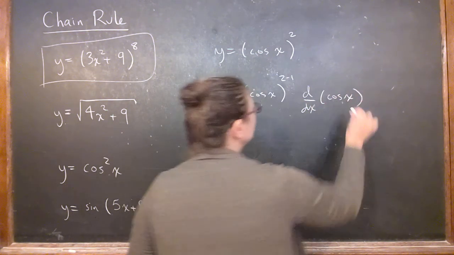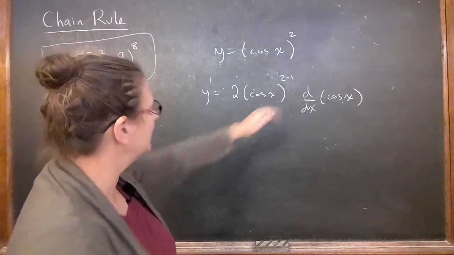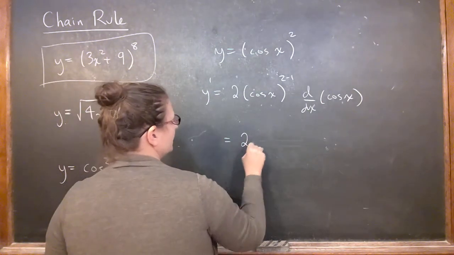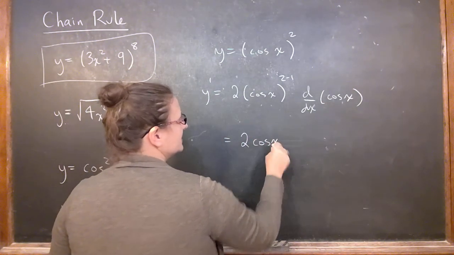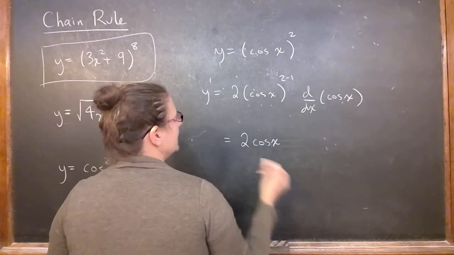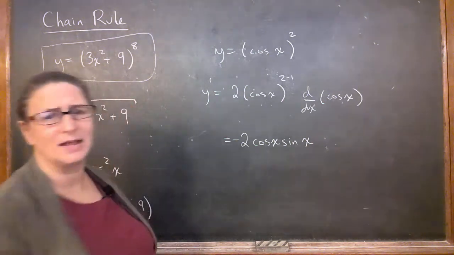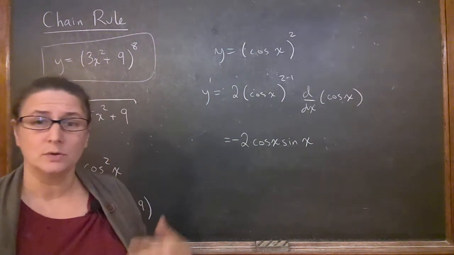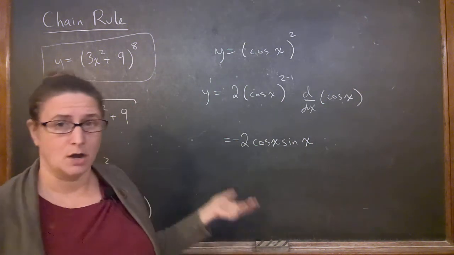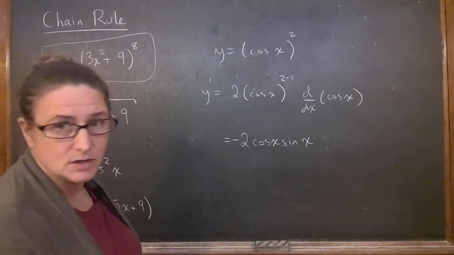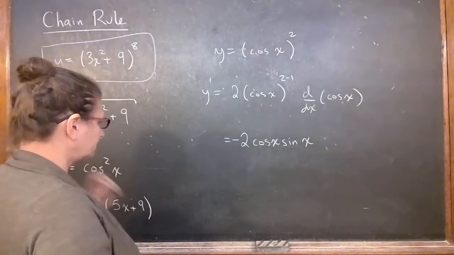So you're always going to take the derivative of the function inside the parentheses. So this is 2 cosine x, and the derivative of cosine is negative sine. So there's my answer, and I can just leave it like that. If you want to say, oh, that's negative sine of 2x, okay, fine, it's not wrong. You can just leave it that way.